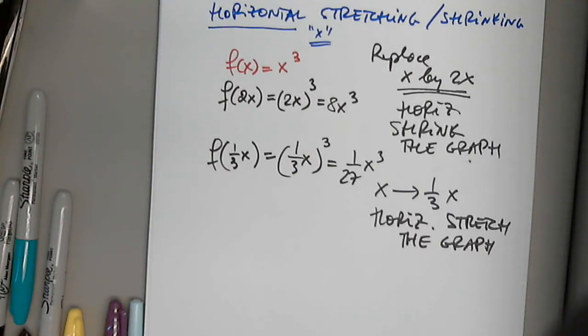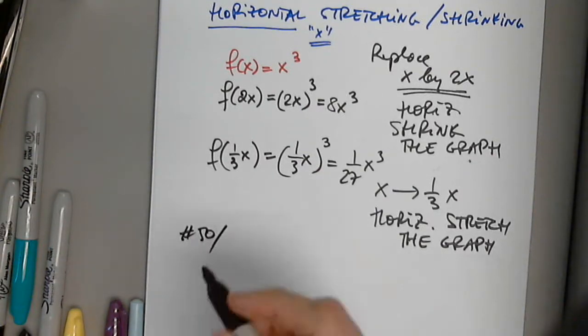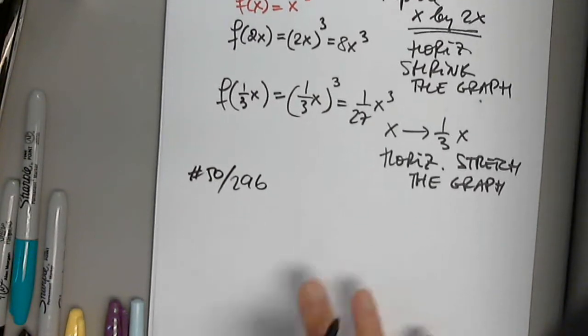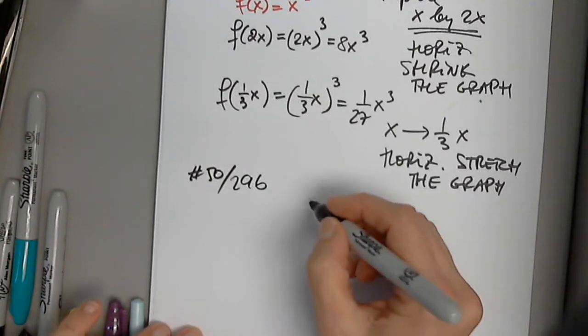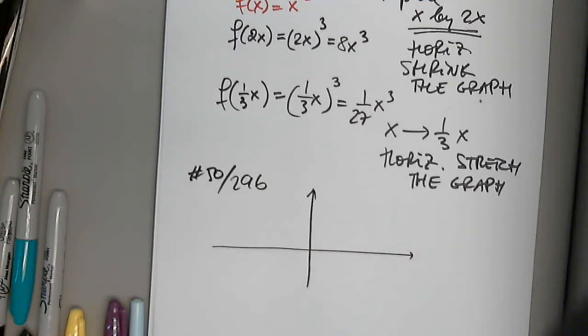Let's say 50, yes, 50. And you can choose another if you want. 50 on page 296. We will have to copy the graph. It's a very easy graph to work with.